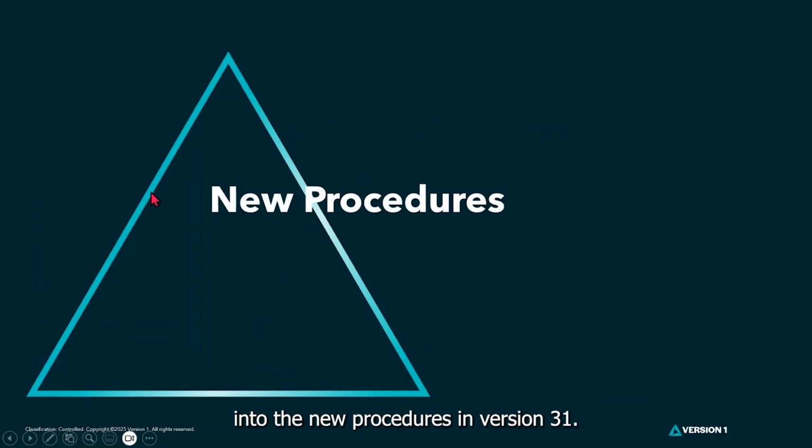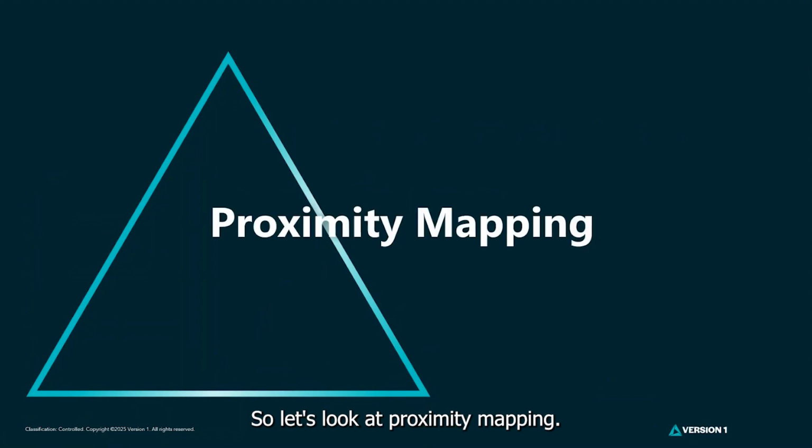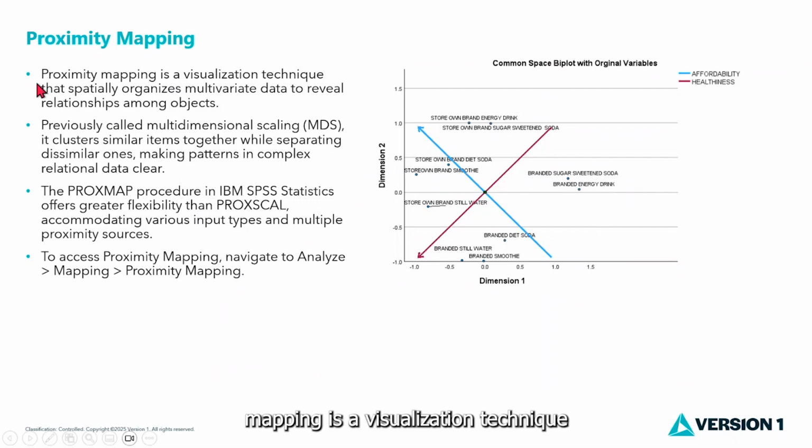Now let's dive into the new procedures in version 31. So let's look at proximity mapping. Proximity mapping is a visualization technique that spatially organizes multivariate data to reveal relationships among objects. Previously called multidimensional scaling, it clusters similar items together while separating dissimilar ones, making patterns in complex relational data clear.